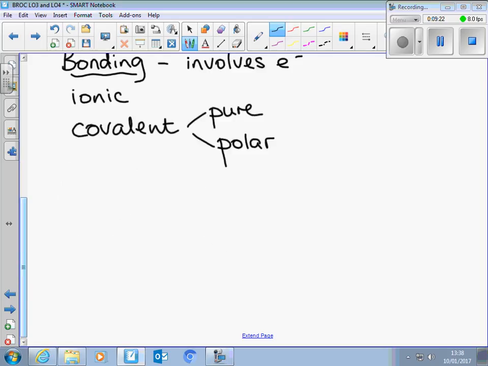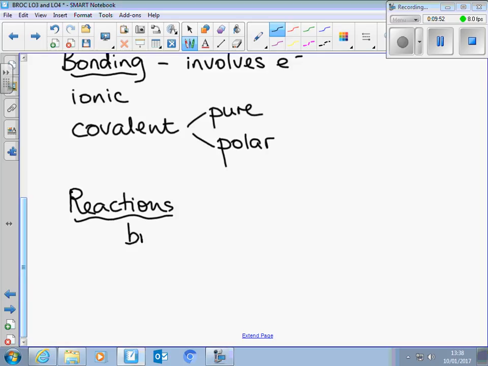The other thing that I wanted to put in here that I can't remember. Oh yeah, reactions. These are just reminders of things that we've been doing all the way along. Reactions are about movement of electrons again, really. They're about making bonds and breaking bonds, although you have to break bonds before you can make new ones.